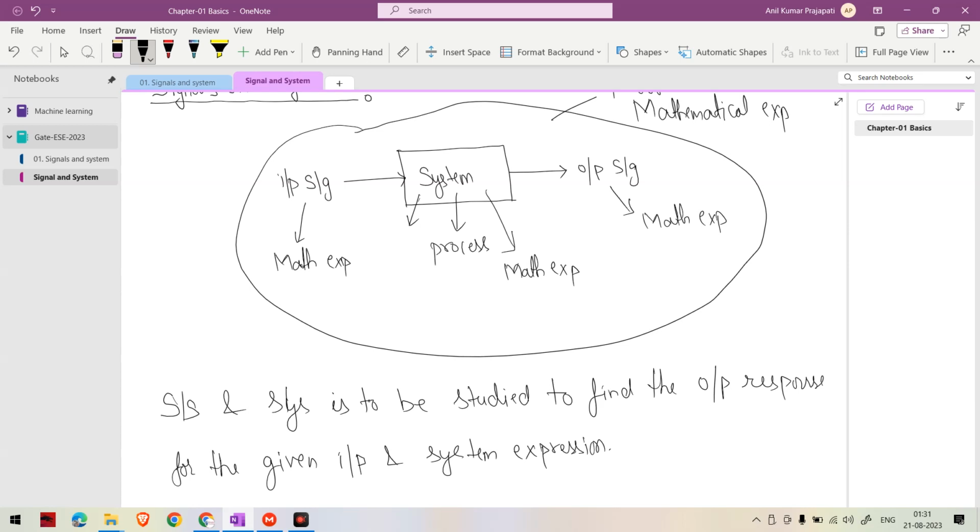So this is basically the task of the system, and to do the thing in a very easy way, we will study the different mathematical tools such as Fourier series, Fourier transform, Laplace transform, Z transform, DFT. These are the different tools we will study in this subject to make our life easy. You will get to know when we start.